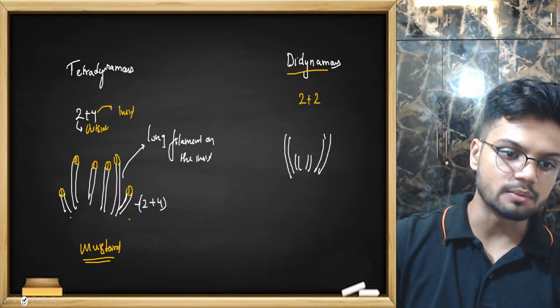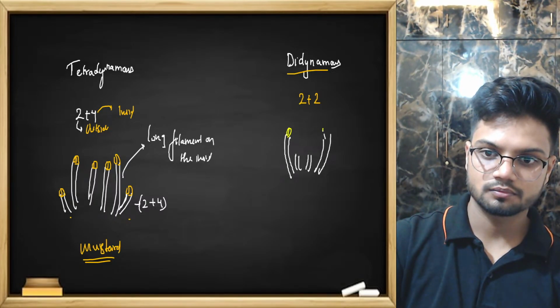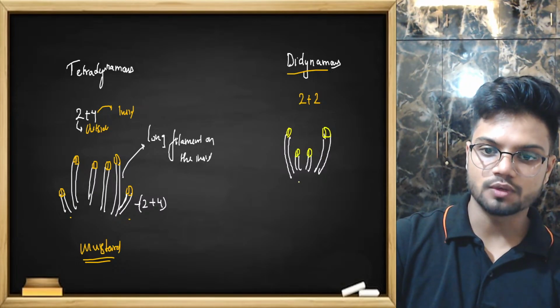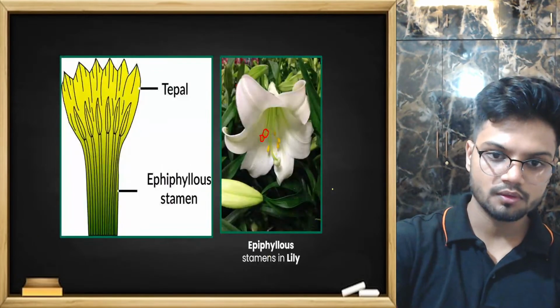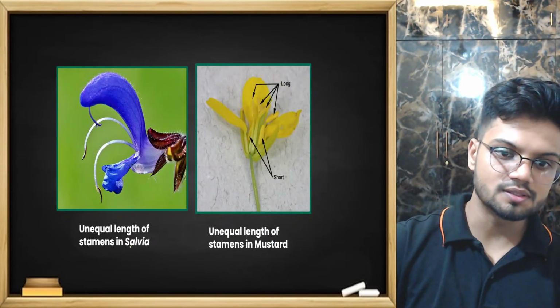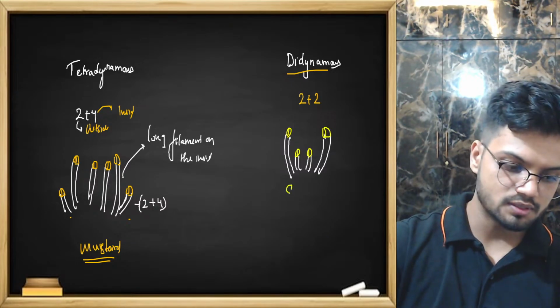Complete opposite of tetradynamous condition. Clear? This is what a didynamous condition is. The example is salvia.